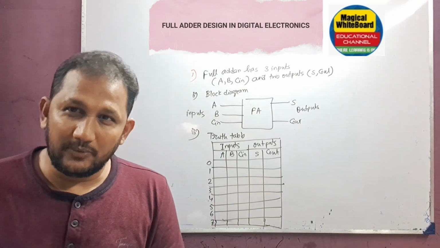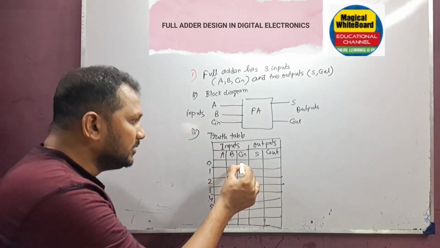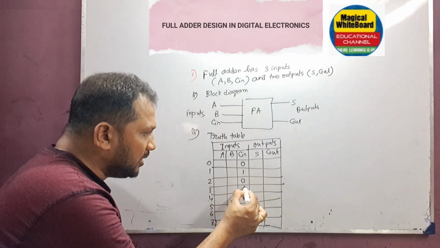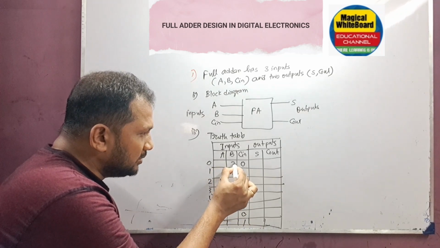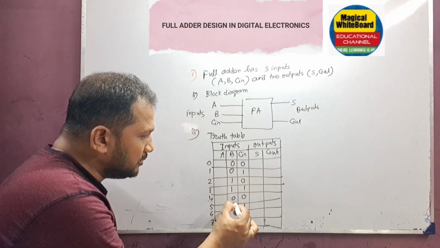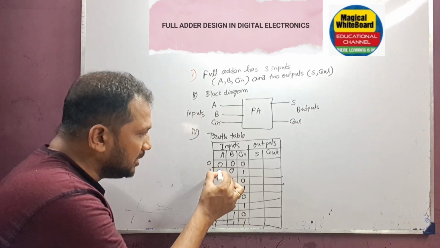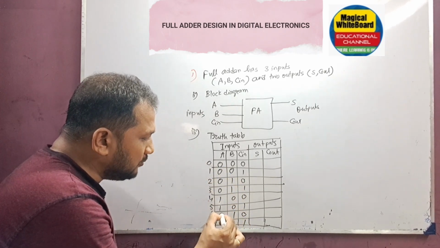These are the decimal values of those rows. Now put the values: 0, 1, 0, 1, 0, 1, 0, 1. Then next 0, 0, 1, 1, 0, 0, 1, 1. And the next one is 0, 0, 0, 0, 1, 1, 1, 1.